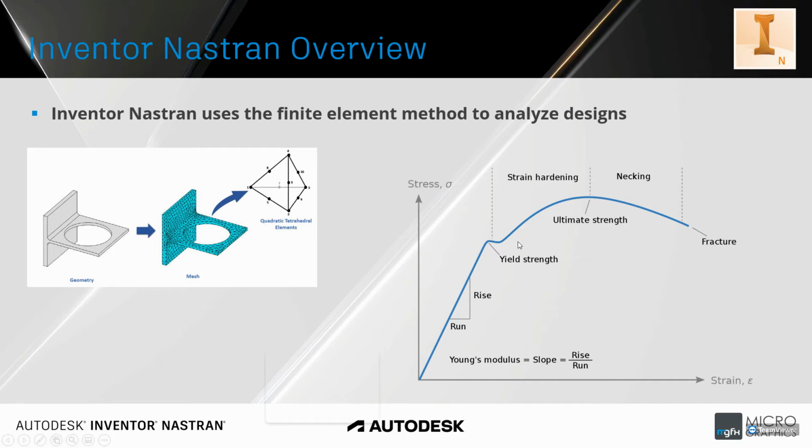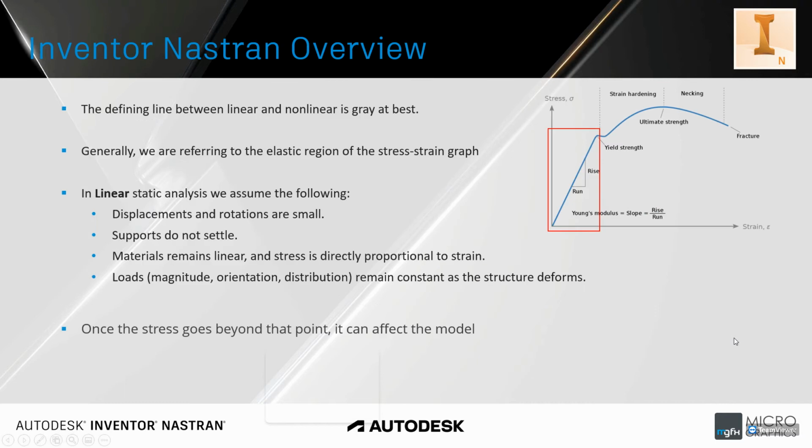Okay, beyond that, you're going to have to consider nonlinear analysis. Right? So how do you know when we're doing that? Well, okay, the defining line between the linear and nonlinear is gray at best. Okay, so we really don't know until we perform some sort of analysis. Generally, we are referring to the elastic region of this graph. We're referring to that area.